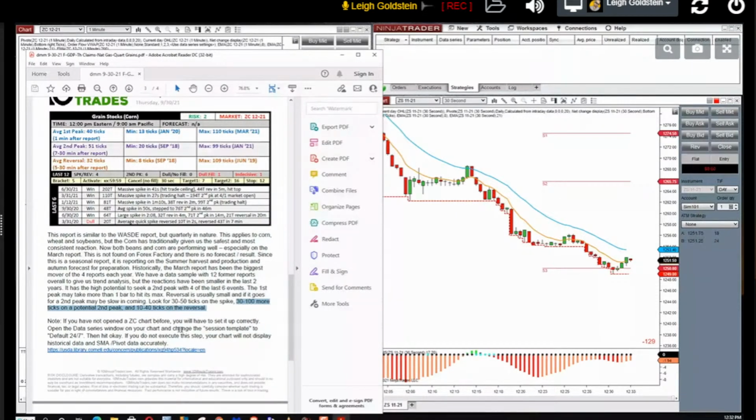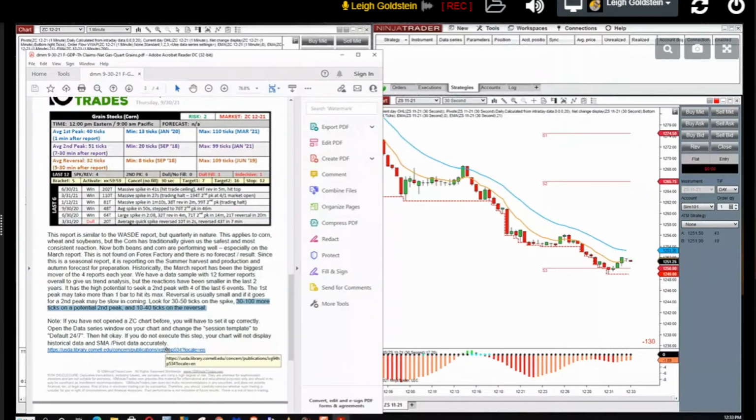Open the data series window and change the session template to default 24/7. If you don't do that, your chart will not display historical data and SMA pivot data accurately. That's not 100% correct. It won't display the data according to the time that it calculates the pivots from, if your chart is set to default 24/7. If it's set to instrument settings, all it does is calculate the pivots and historical data from a different time.